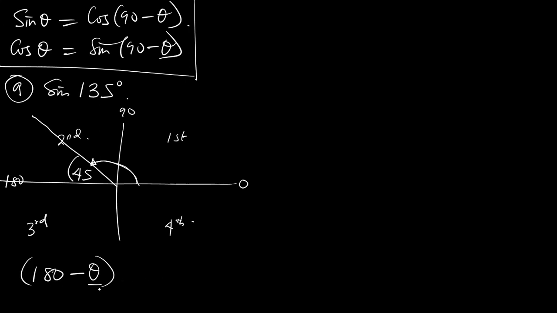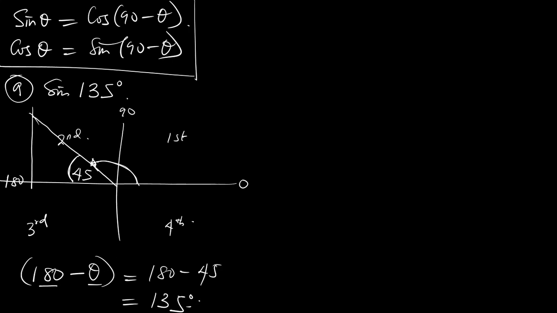So what is the acute angle theta that you will minus from 180? You minus it from this and you get 135, it is 45. So since we have 45, this is 180 minus 45, which will give you 135 degrees.